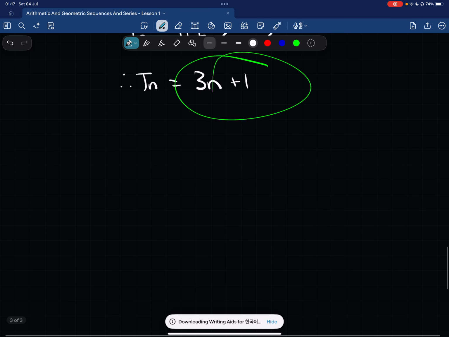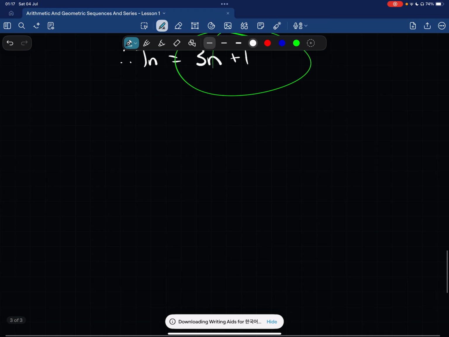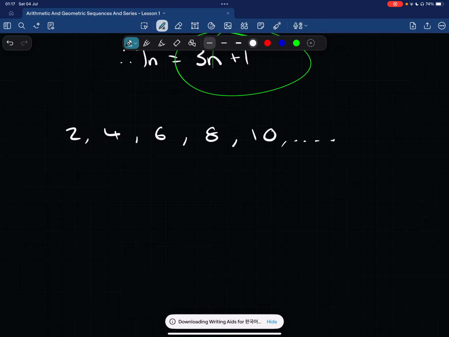Let's try another example. If you have the numbers 2, 4, 6, 8, 10, and so on, you can notice immediately that this is an arithmetic sequence. The first term of the sequence is 2, which is t1, which is equal to A, our first term.